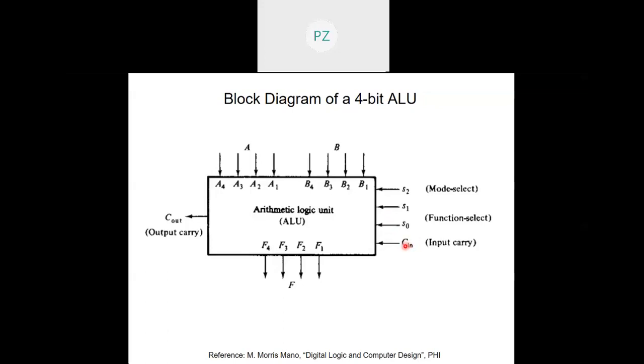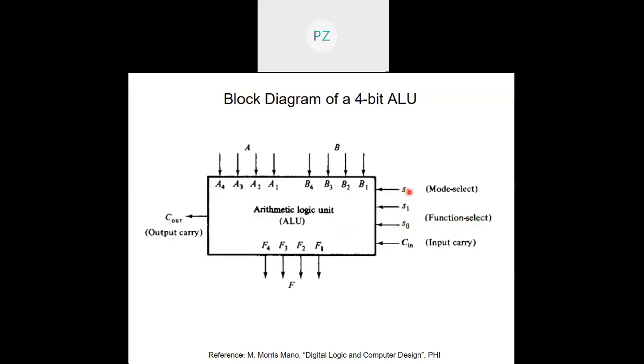Cin will become don't care when I talk about logic functions. And also Cout will become don't care when I talk about logic functions, because in logic functions there is no concept of input carry or output carry. So both Cin and Cout become don't care for the logic unit, but they are important for arithmetic functions. S1, S0 will decide which of the arithmetic or logic functions I'm talking about, depending on S2.